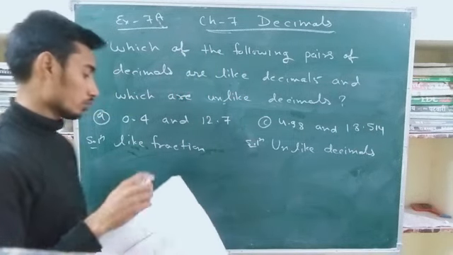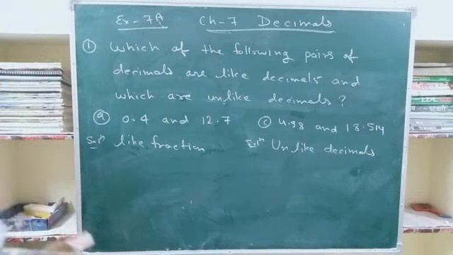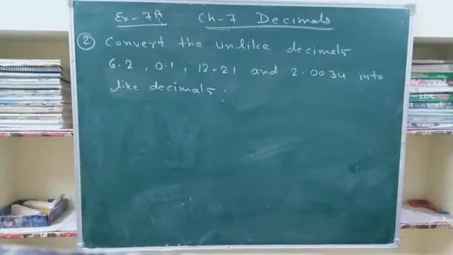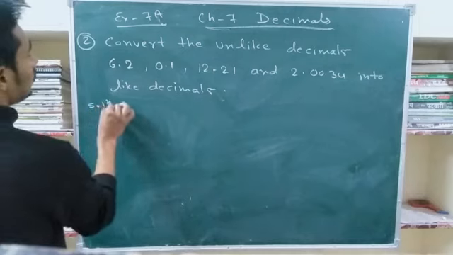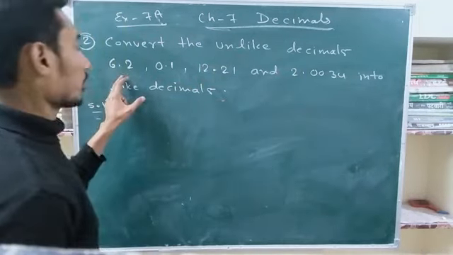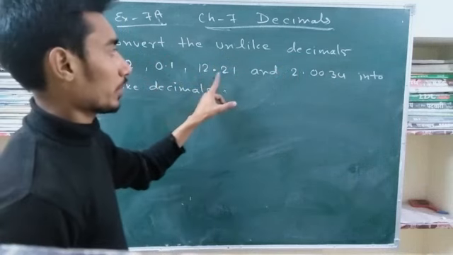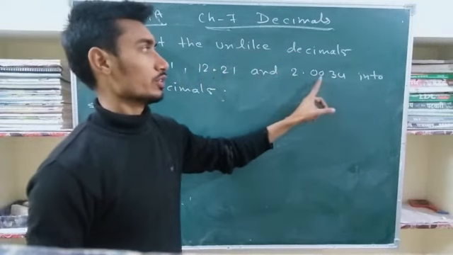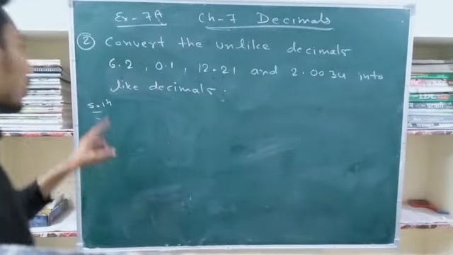Now we will come to question number 2. Now students, look at question number 2. Convert the unlike decimals 6.2, 0.1, 12.21 and 2.0034 into like decimals.